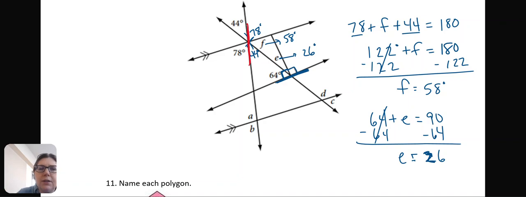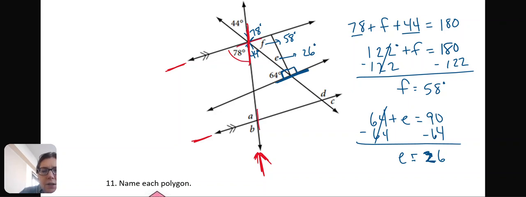Now we're going to go back to the idea of these parallel lines. So I have a parallel line here and a parallel line here being cut by this transversal. So things that are in the same location are going to be equal. So 78 here is in the bottom left of the intersection.